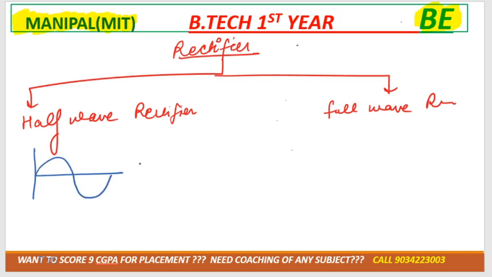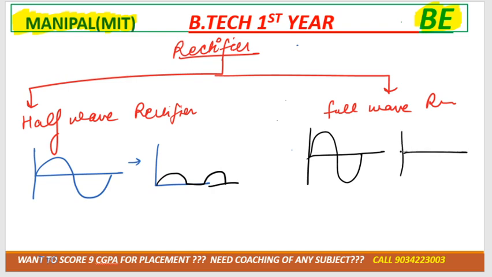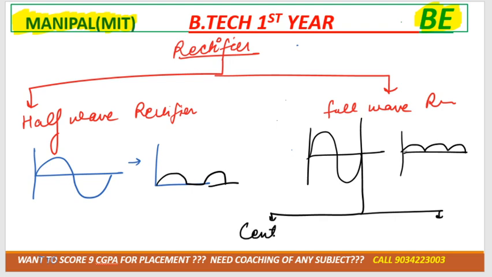Like suppose this is the AC supply and you need to convert it into DC supply, so maybe either the positive or negative half will be converted like this. But in the full wave rectifier, both positive and negative cycles will be converted. Now full wave is divided further into two categories: one is the center tap rectifier, another one is the bridge type rectifier.